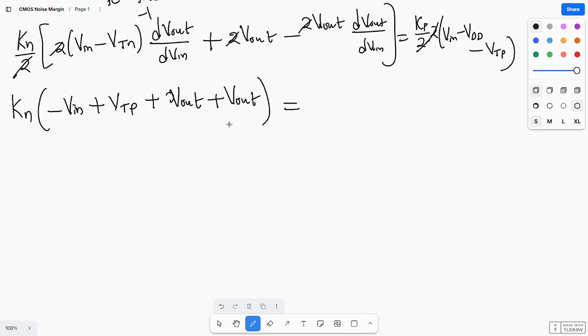That is equal to Kp into (Vin minus VDD minus VTP).